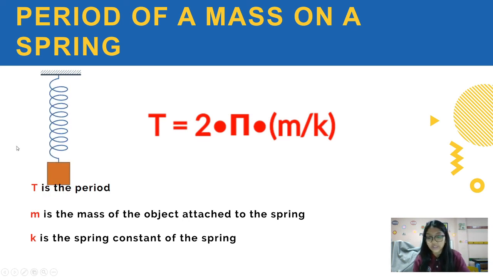A greater spring constant means that they exert stronger restoring forces upon the attached mass, and this greater force reduces the length of time to complete one cycle of vibration.